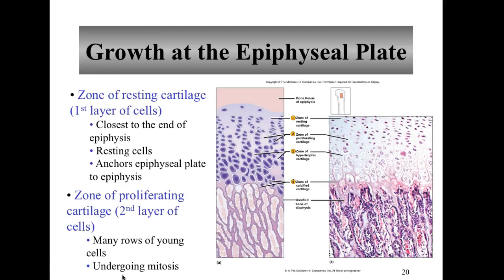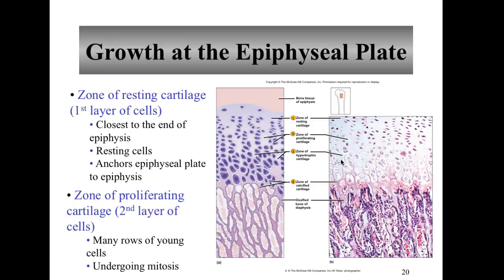So let's basically look at growth at the epiphyseal plate. Here you can see the microscopic images. This is also described in your textbook, but we do have a couple zones. So if we look, the first zone is called the zone of resting cartilage.